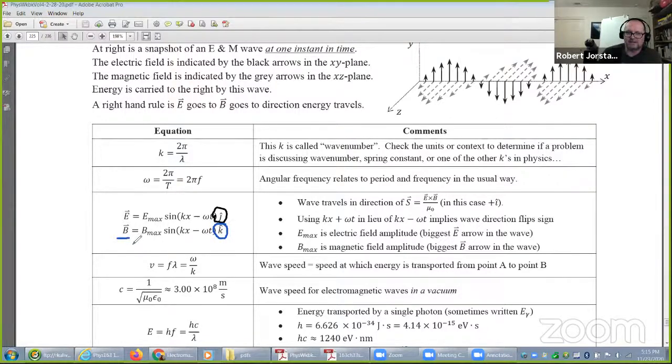So the magnetic field oscillates parallel to the z-axis, and similarly, the electric field oscillates parallel to the j hat axis. Now remember what we said. This thing is traveling in the plus i hat direction, right?